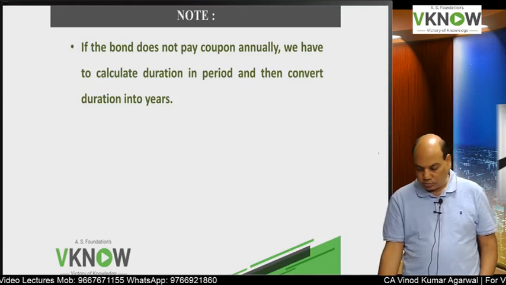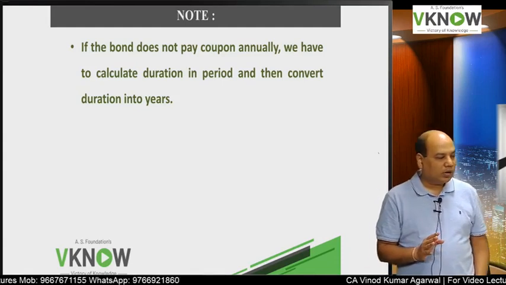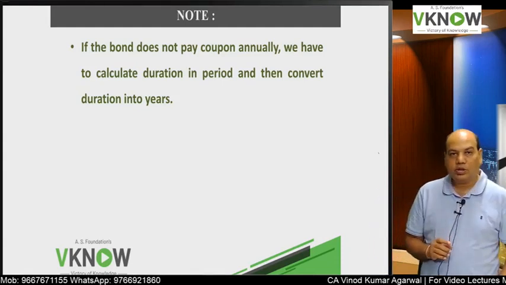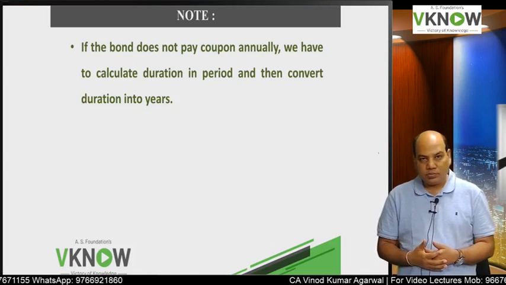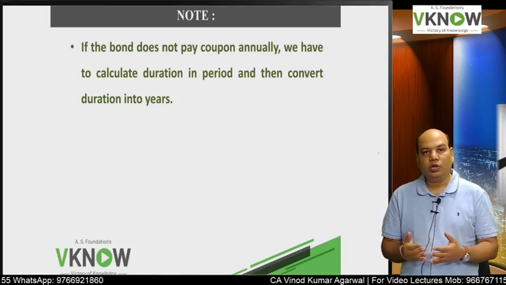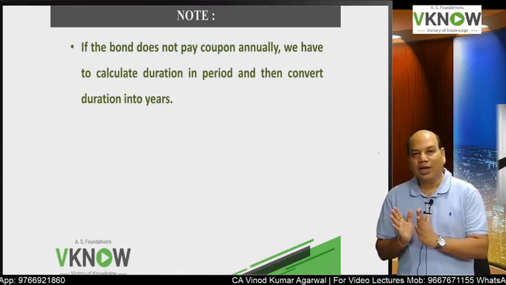Now we have solved the question which was annual coupon paying bond, but there can be question of semi-annual coupon paying bond. Then your duration will also come in semi-annual form. We have to convert into annual.